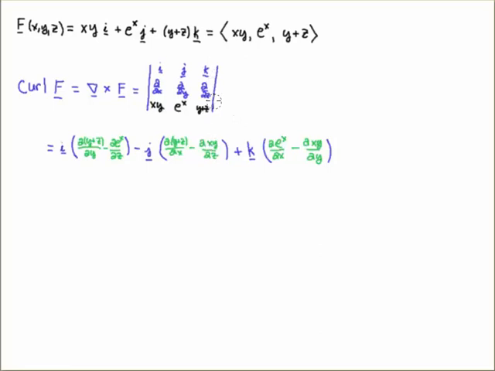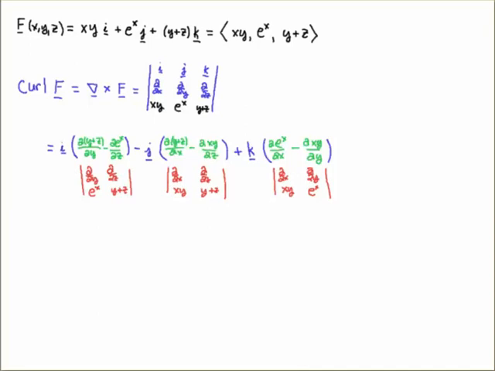And then similarly for k, along the k column, we will focus on d/dx of e to the x and d/dy of x times y. So the determinants look like this. I'm sorry, it's everything but the i column and the top row, everything but the j column and the top row, and everything but the k column and the top row.